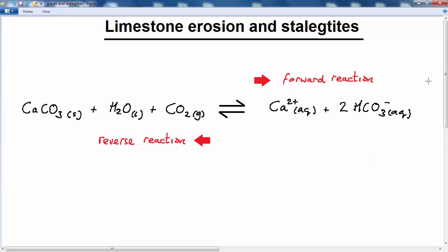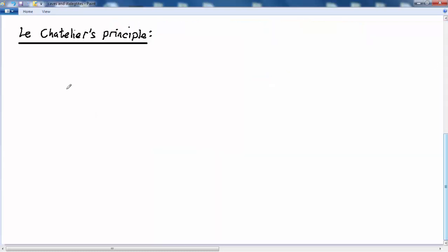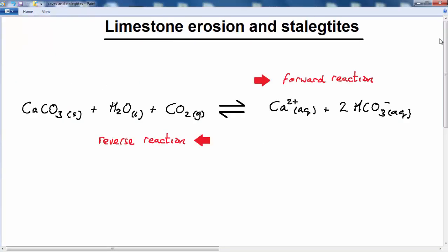So let's just remind ourselves of Le Chatelier's principle. We say that once any chemical reaction is in dynamic equilibrium, that's to say, once this reaction has reached dynamic equilibrium, what that means is that the amount of the product and the amounts of the reactants stop changing, they become fixed.